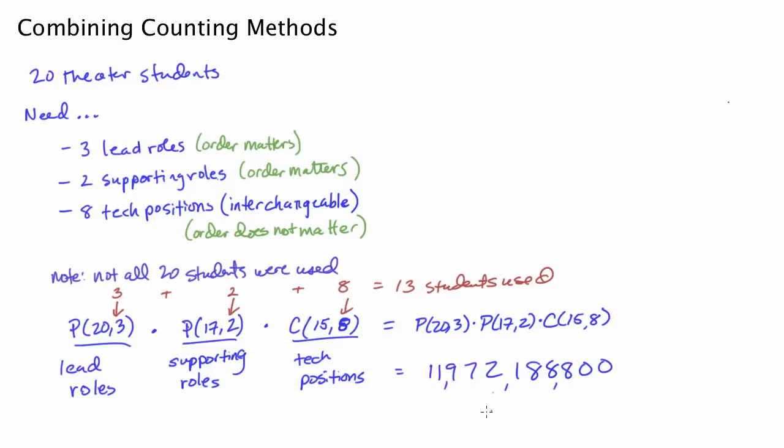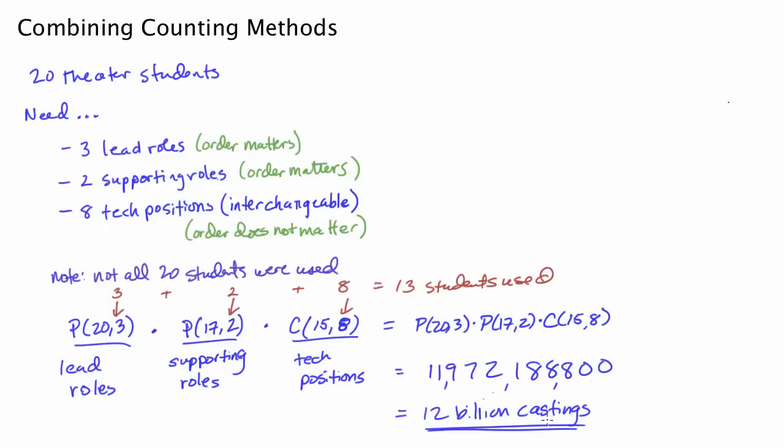So this is approximately 11.9, almost 12 billion ways to cast this. So 12 billion possible castings. It's a large number, as is often the case for counting problems.